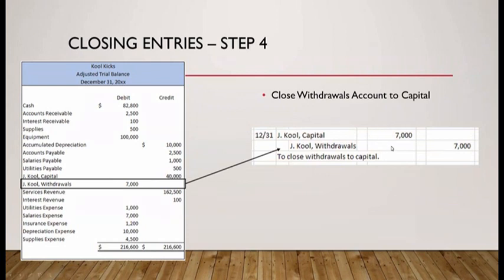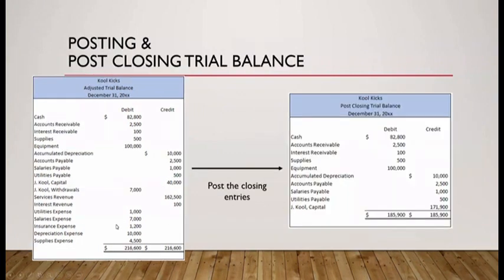So we end up debiting capital for that $7,000. So once the closing process is complete, if you're ever told, hey, do closing entries, we're looking for those 4 journal entries where you make revenue 0, expenses 0, income summary 0, and then withdrawals 0.